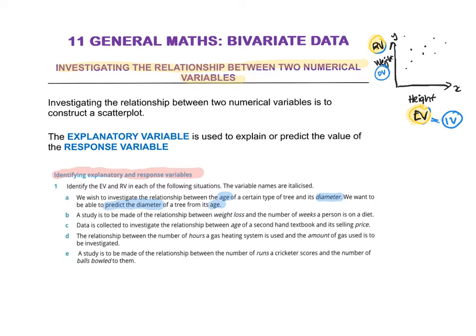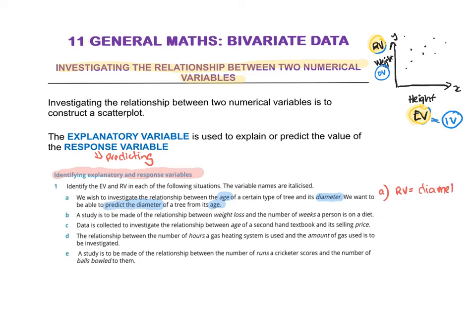So this is another clue of how you know between response and explanatory. The response one is what we use to predict. That's the one we're predicting, okay? So over here, if we're doing this question A, which one's going to be our response variable? Diameter, good.